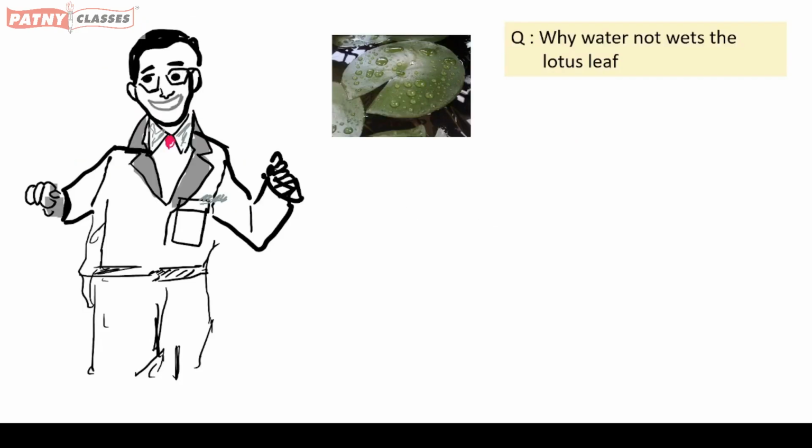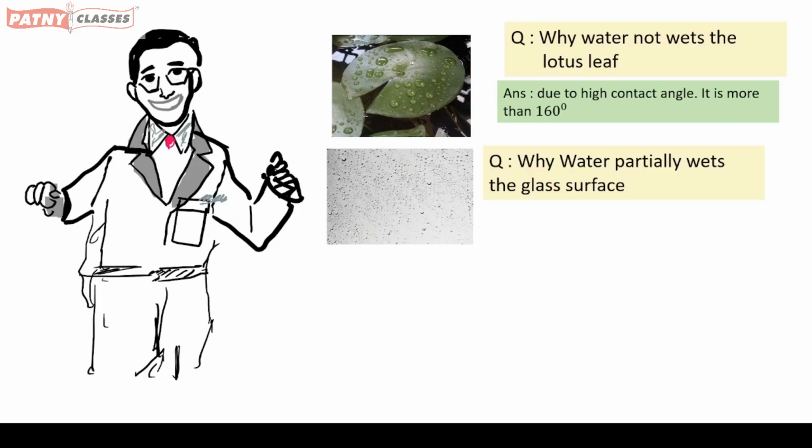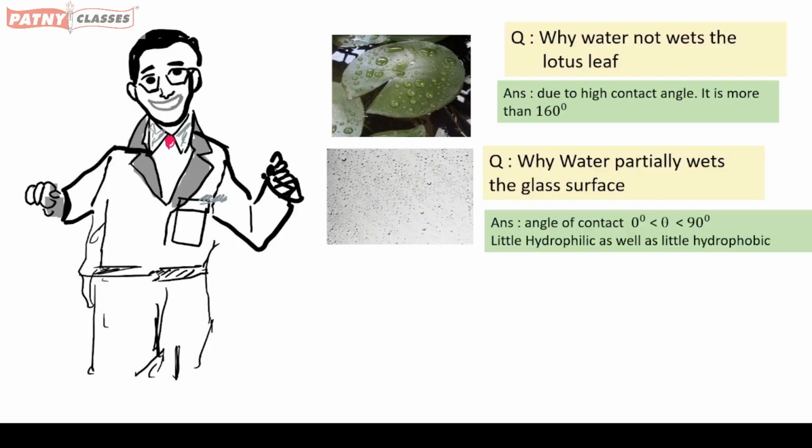And the next question is, why does water not wet the lotus leaf? Answer: due to high contact angle, it is more than 160 degrees. Next question, why does water partially wet the glass surface? Answer: angle of contact lies between 0 degrees and 90 degrees.